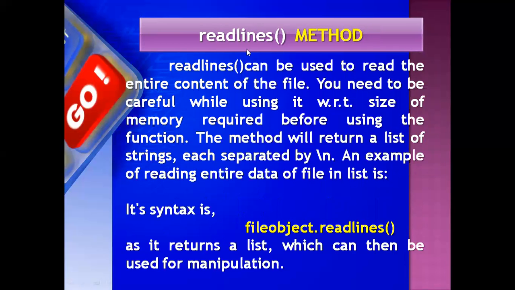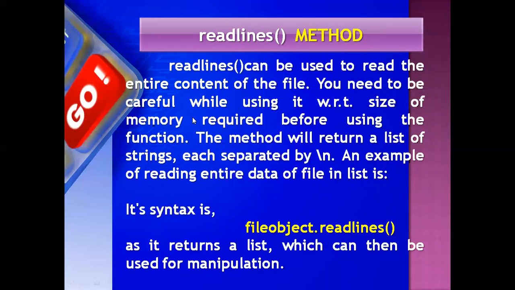Now readlines. Readlines is a method that can be used to read the entire content of the file, which is paragraph type. You need to be careful while using it. In a previous class we discussed WRT: W for write, R for read, T means this is a text file.